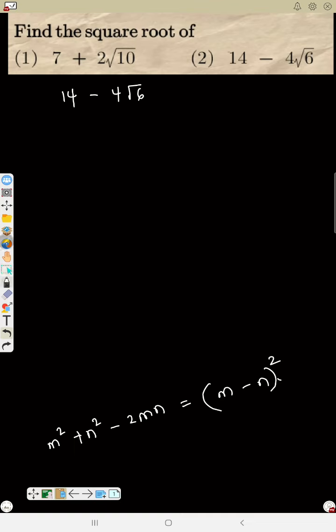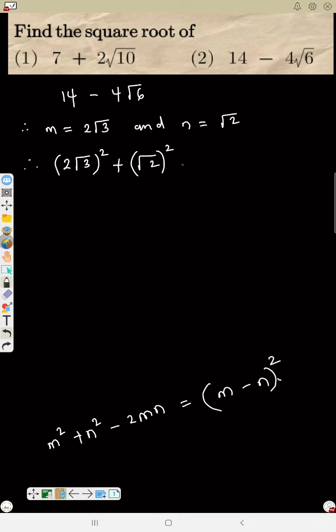So that means in this case, m is equal to 2 root 3 and n is equal to root 2. So meaning this is the same thing as 2 root 3 square plus root 2 square minus 2 times root 3 times root 2.